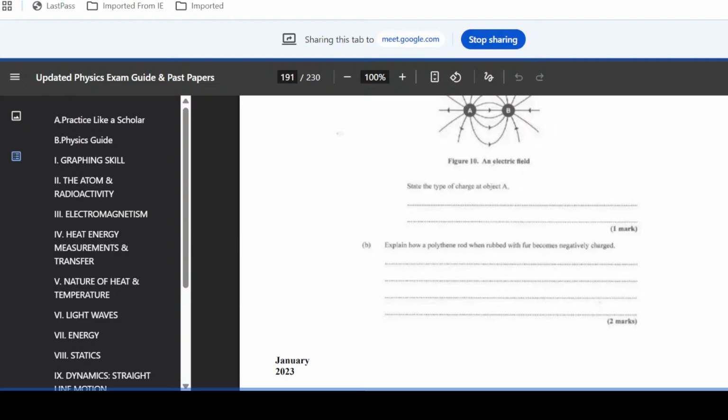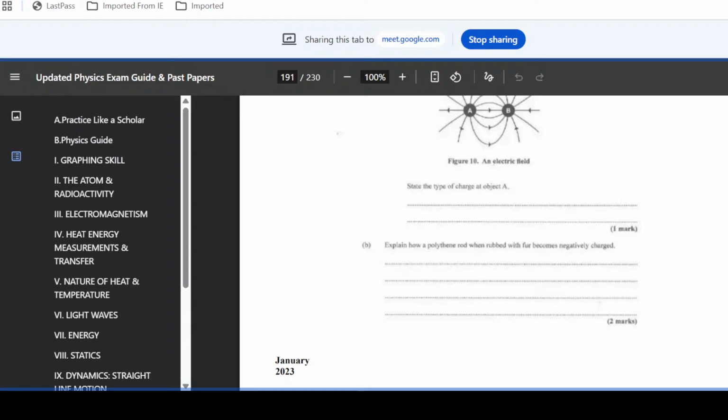Alright, so this one would be charging by what then? What's the other type of charging? So we just looked at friction, charging by friction.